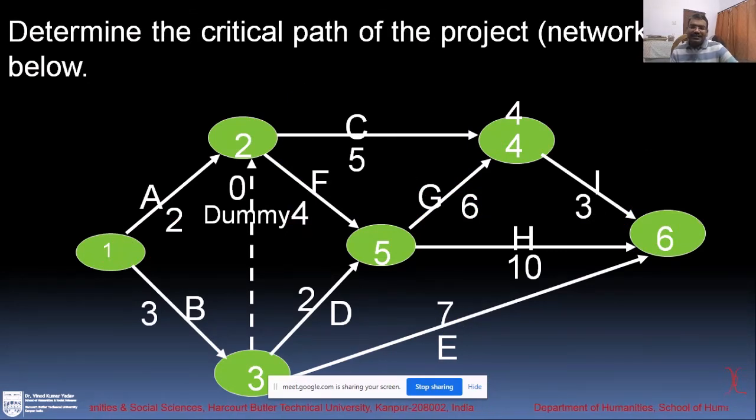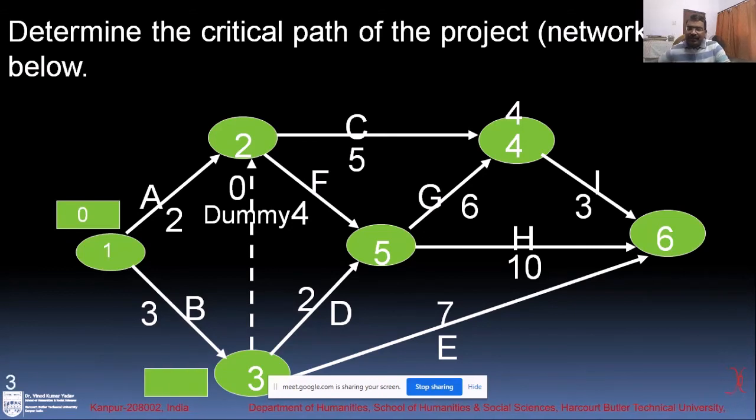Likewise, the second example that I had taken, that was this example, and this says that the first activity was 2 minutes, then 3 minutes. This was a dummy activity followed by this. And you know that the F and D activities had the same terminating end. So in this case, you can calculate like this: 0, then you can say 3.